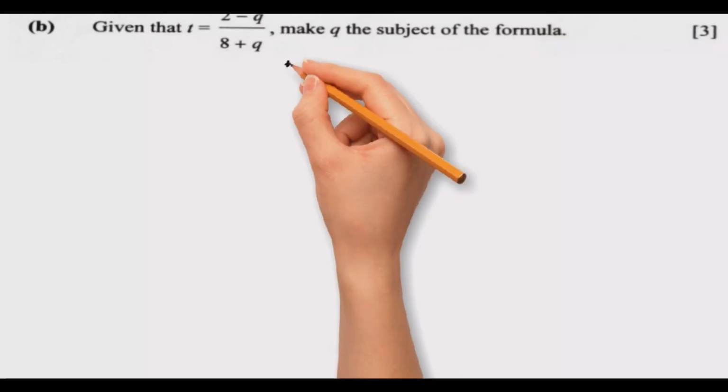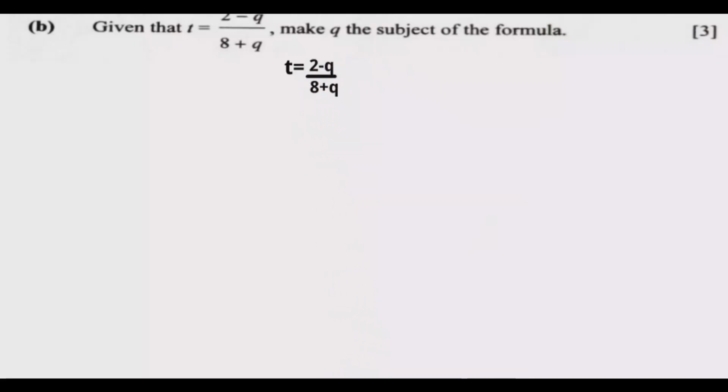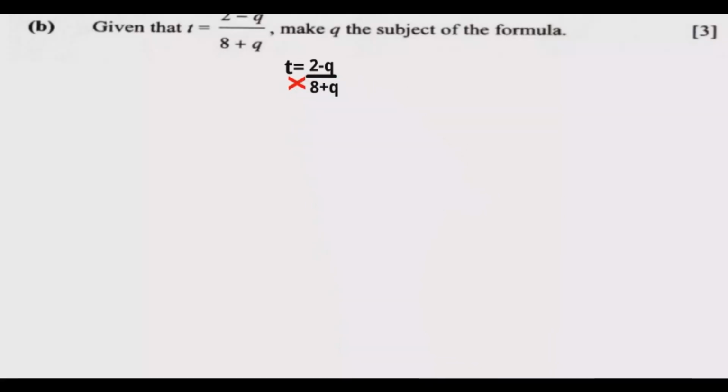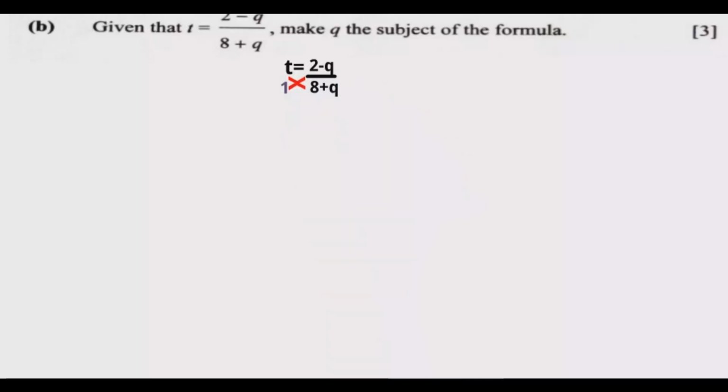Okay, so basically the first thing we're going to do is get rid of the fraction. First of all, I'm going to copy the entire expression down here, like this. Then next, I'm going to multiply these fractions. That means t will be multiplied by 8 plus q.